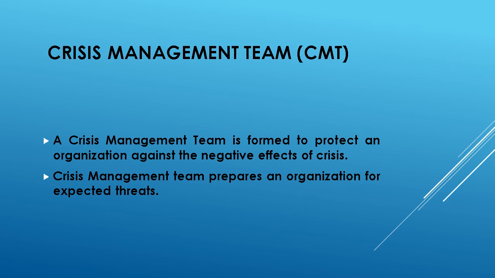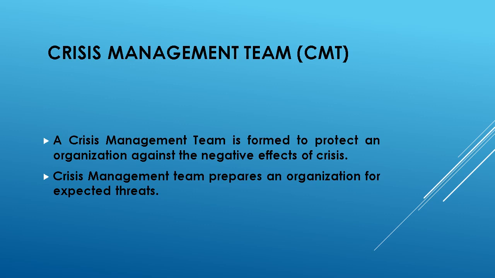The first thing we are going to discuss is the crisis management team definition. The crisis management team is formed regularly to protect an organization against the negative effects of the crisis. So the crisis management team is the structure or the committee to decide on the future course of action or devise strategies to help the organization come out of difficult times as soon as possible.